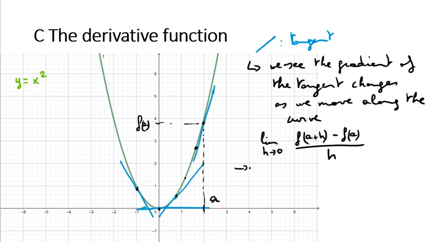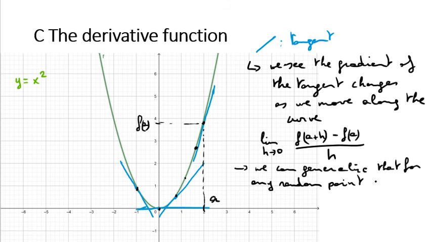So I will write down, we can generalize that for any random point on the graph, and that will give the following expression.